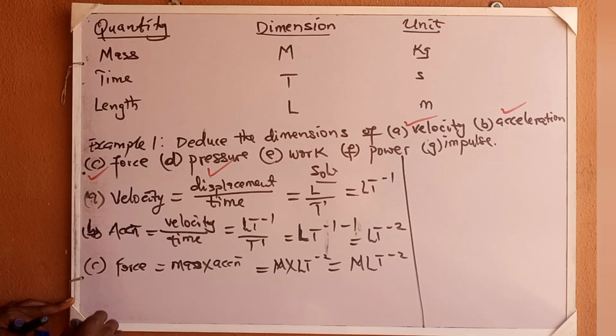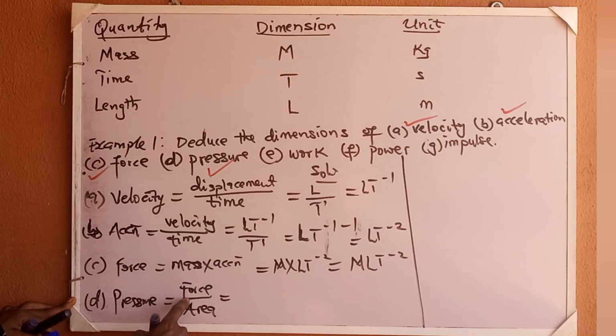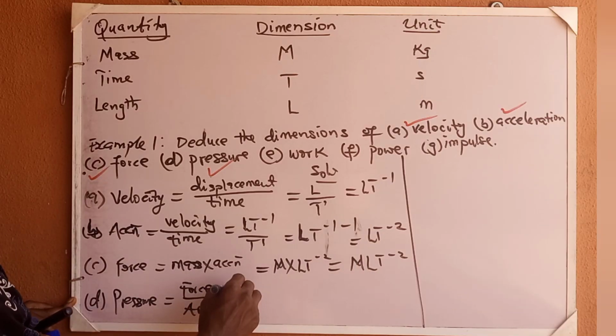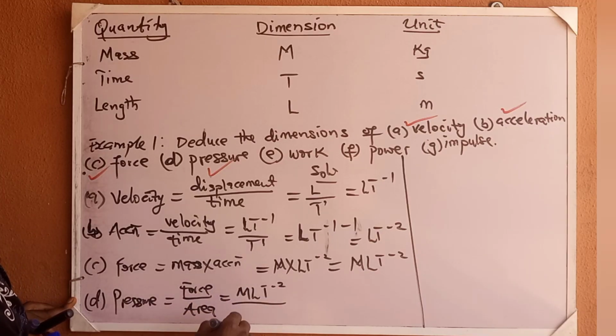Next is pressure. That is the D part of it. Pressure is force acting per unit area. So pressure is force over area, and dimension of force, we have gotten it as MLT minus 2. Then upon dimension of area, area is length times length, which is going to be L squared for area. That's length times length or length times breadth. Either way, it will give you L squared.